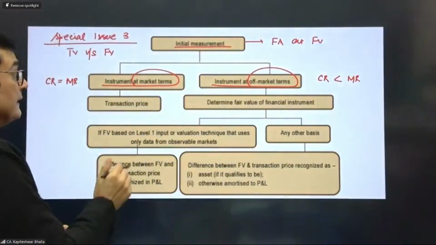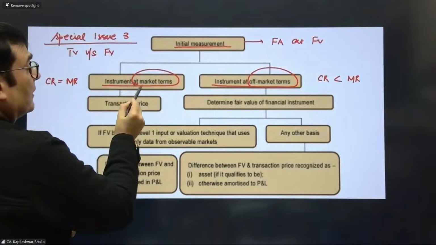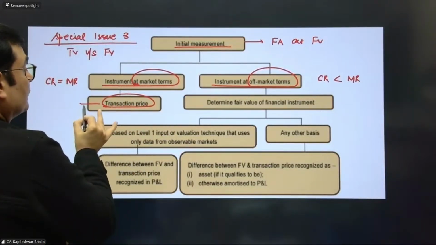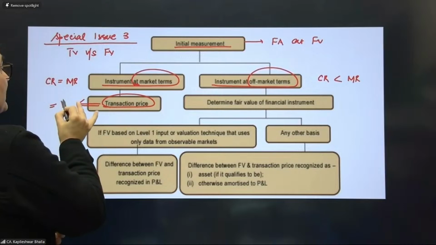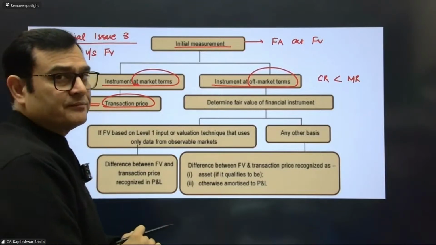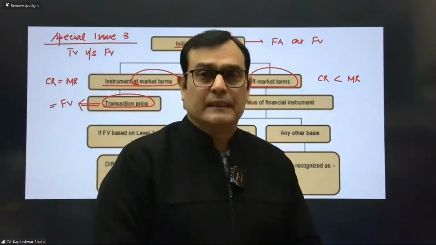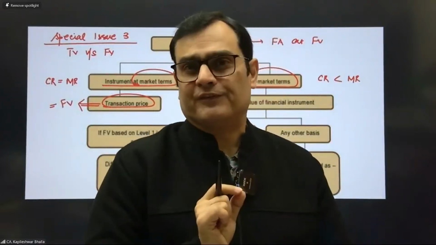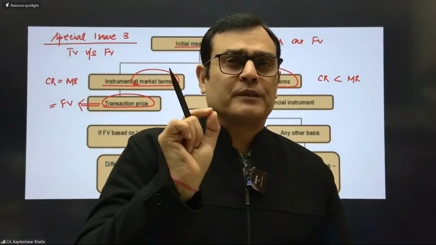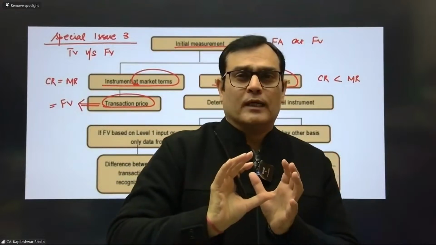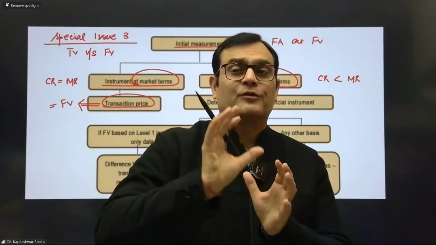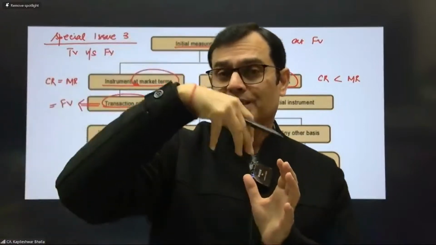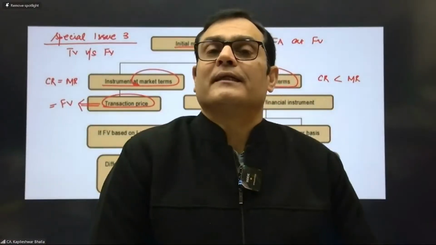So the moment you see that the instrument is at market terms, you will record the transaction at a transaction value which is as good as the fair value. There will not be a difference between the transaction value and the fair value in this case. Because when the transaction is at market terms, you are paying or receiving, let's say, a coupon rate of 10%, and when you discount, you discount at 10.